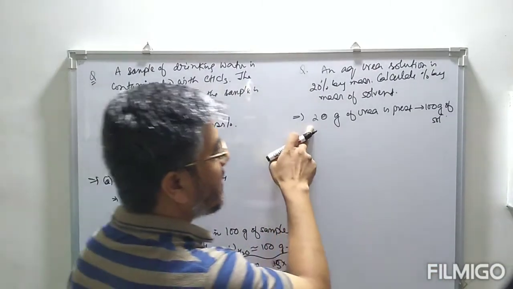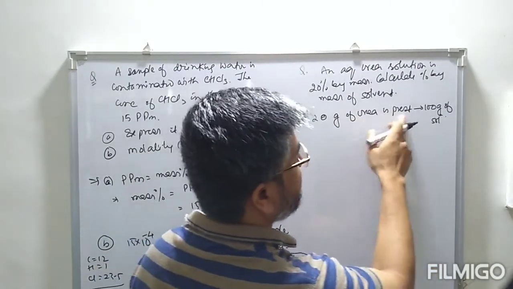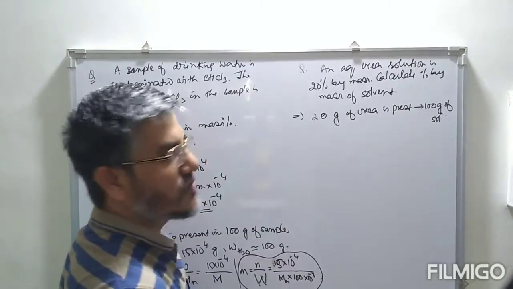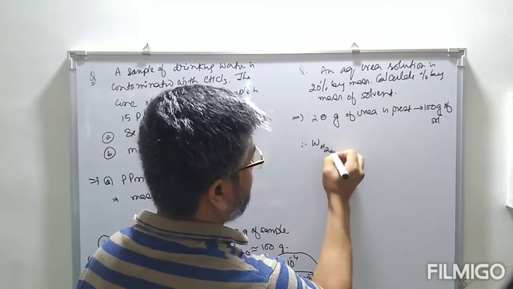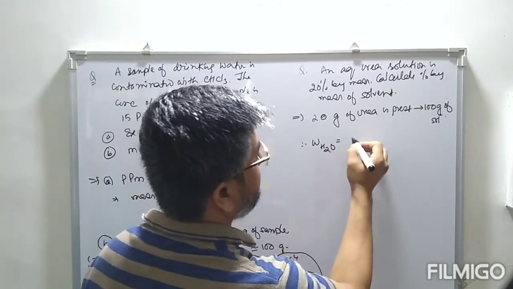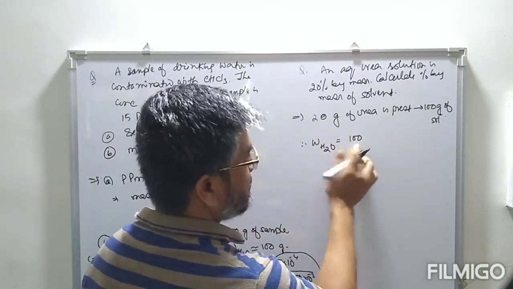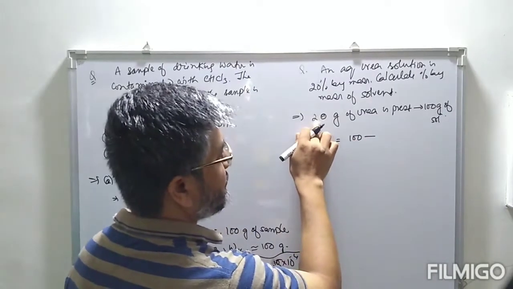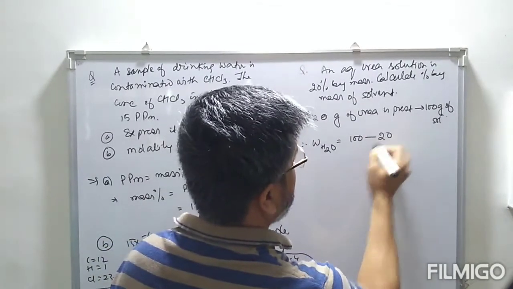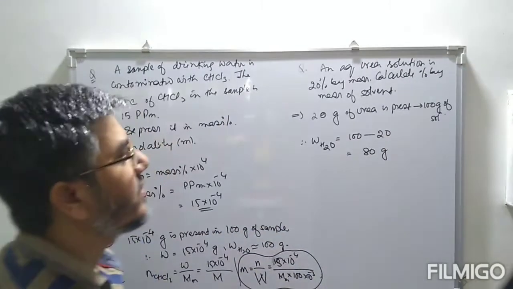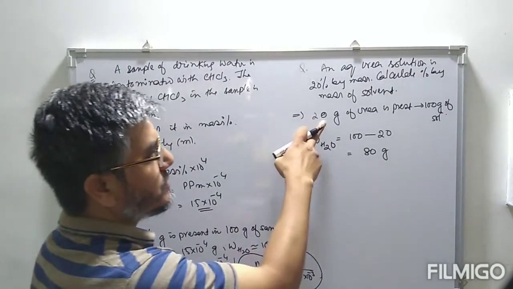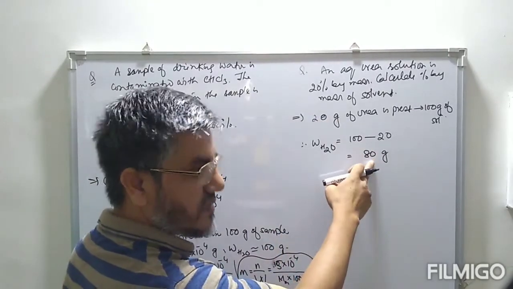Therefore, mass of water is total mass of solution minus mass of solute, so that is 80 gram. So mass of solute is 20 gram, mass of solvent is 80 grams.